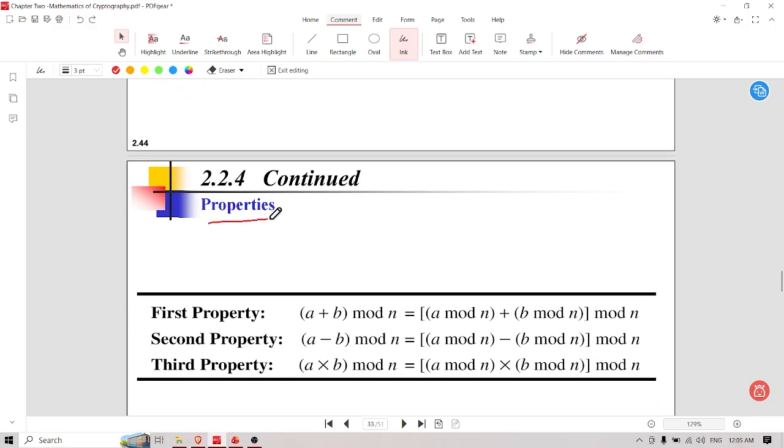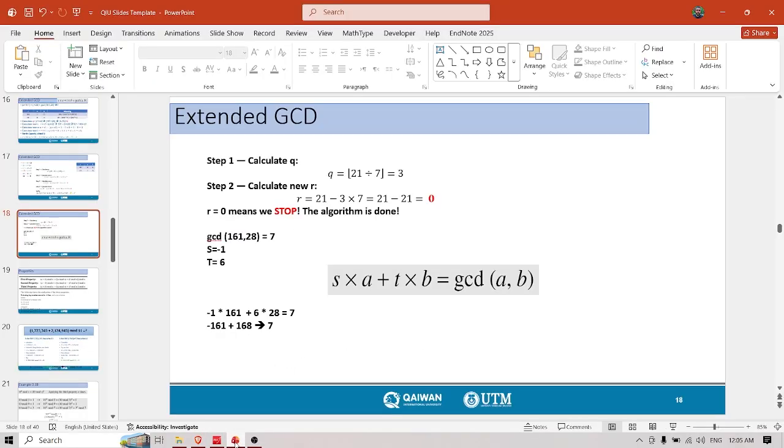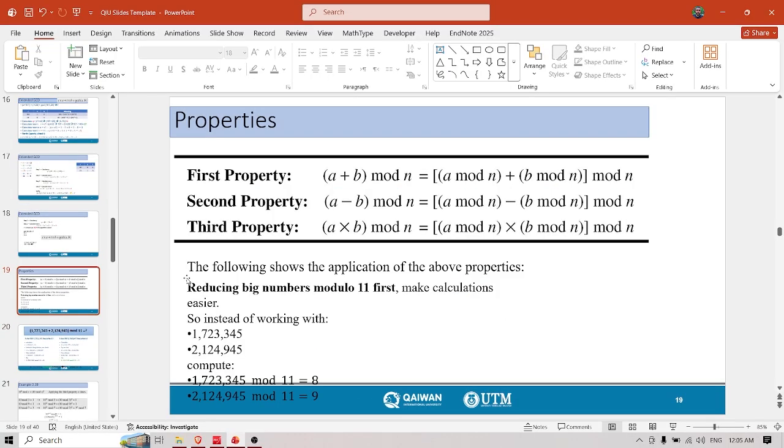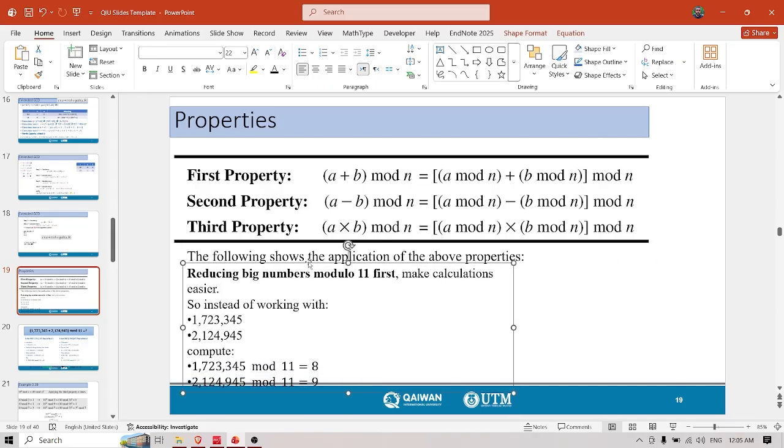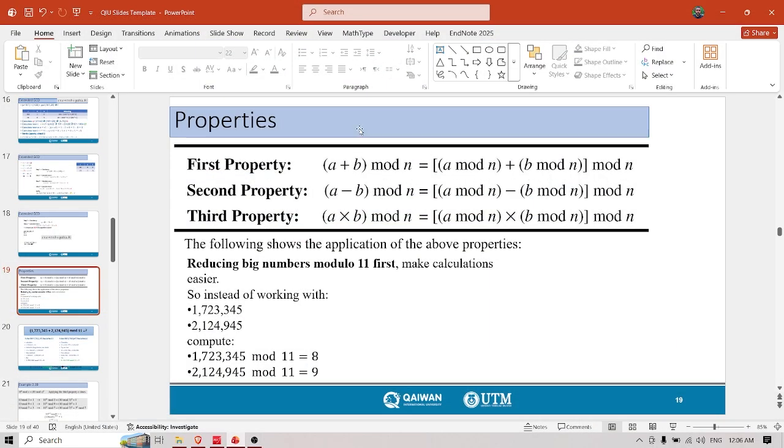Now we have properties. We will explain the properties in here. Now the first property is (A plus B) mod n would be (A mod n plus B mod n) mod n.